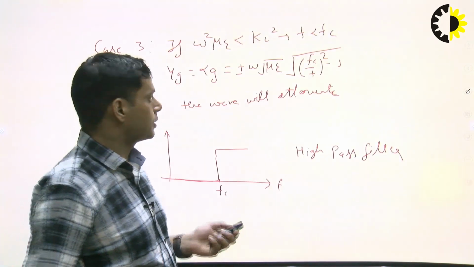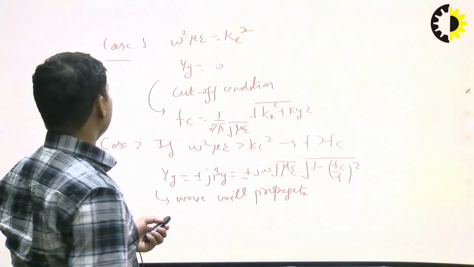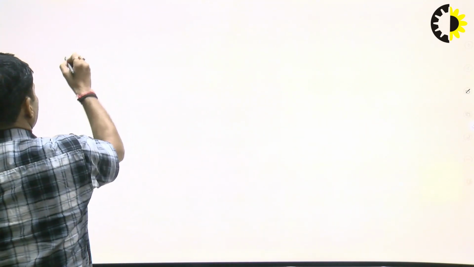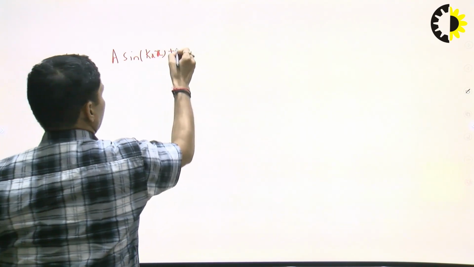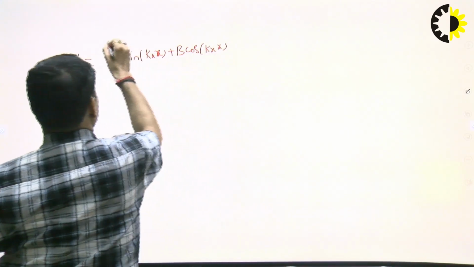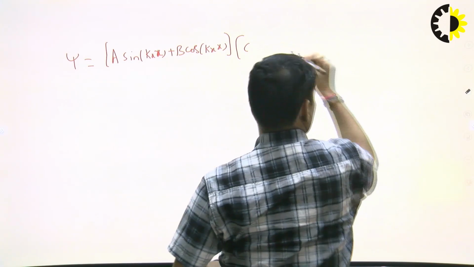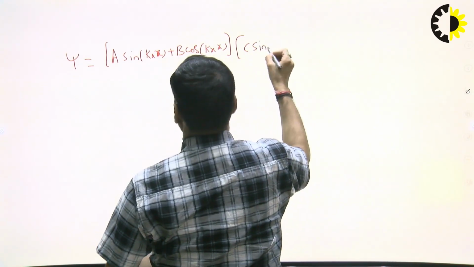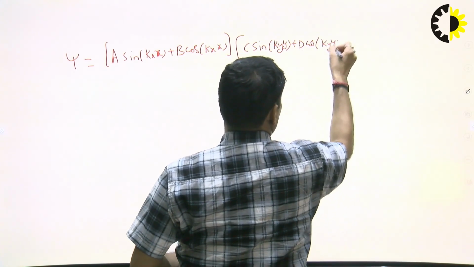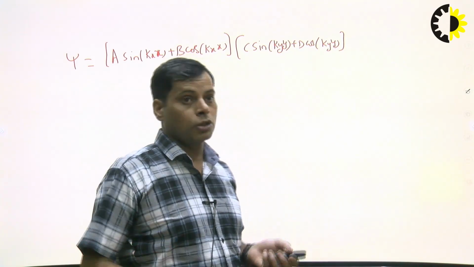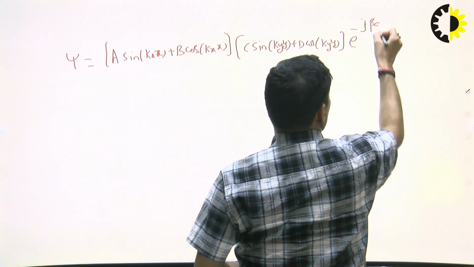After considering all these three conditions and the solution of this wave equation, we can write the solution of psi is equal to a sin kx into x plus b cos kx into x plus c sin ky into y plus d cos ky into y, and we assume the wave is propagating in the positive z direction with phase constant beta g, e raised to the power of minus j beta g into z.